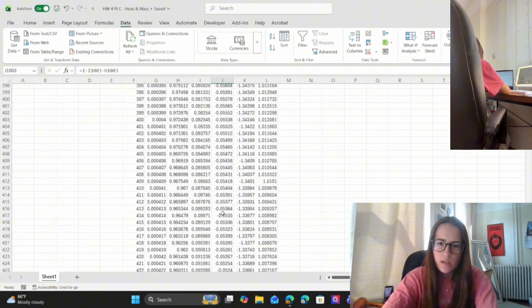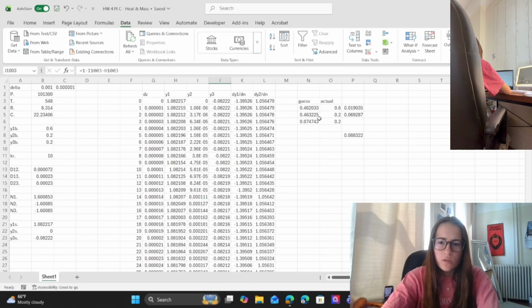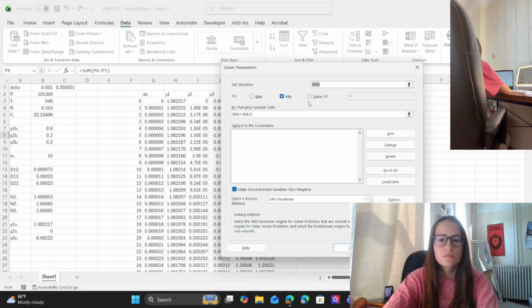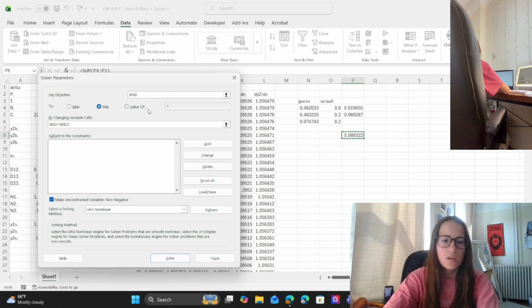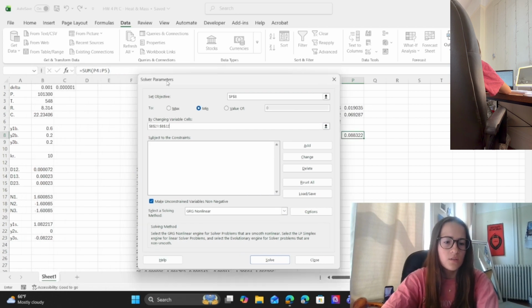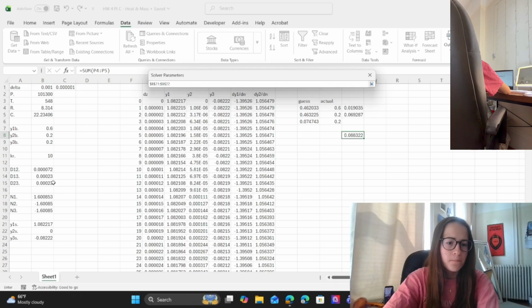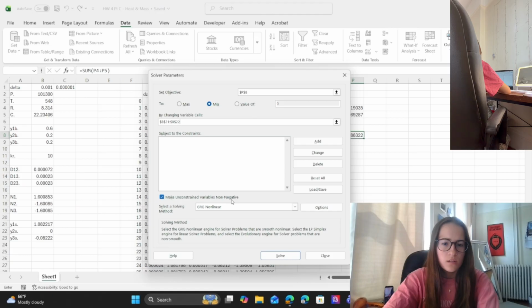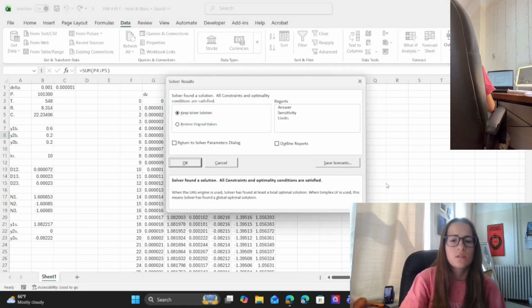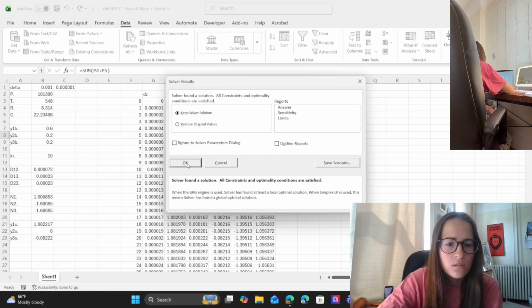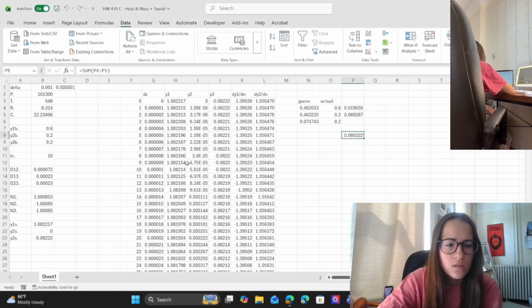So let's try Solver again and see if this will fix it. This value here we want to be minimal, and we're going to change these two values for that. Let's try that one more time. So that still didn't work.